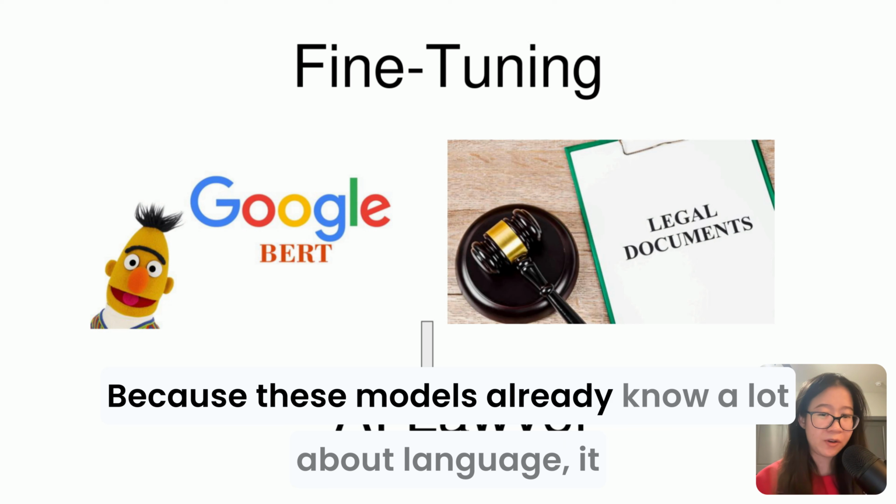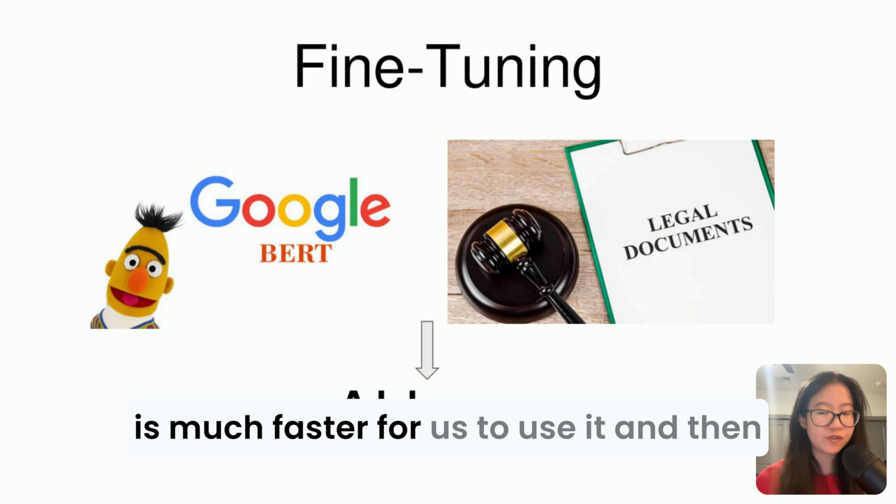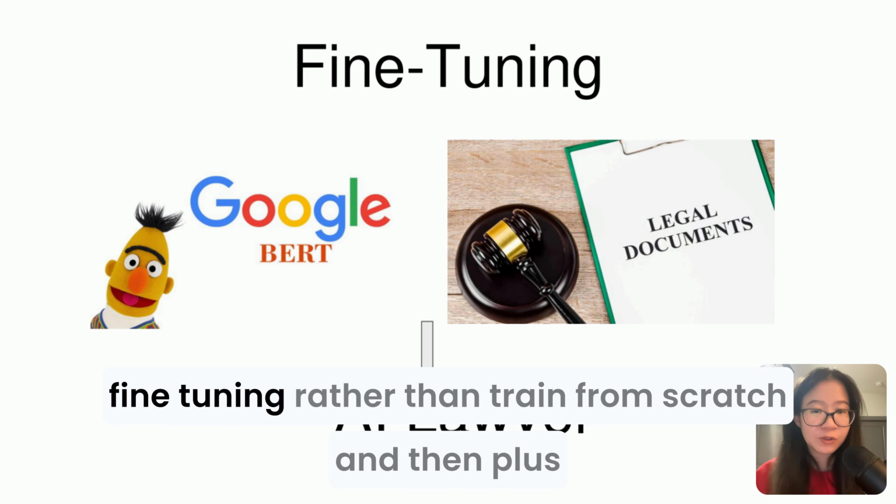Because these models already know a lot about language, it is much faster to use them and fine tune rather than train from scratch. Plus, you will get better performance than building and training a smaller model from scratch yourself.